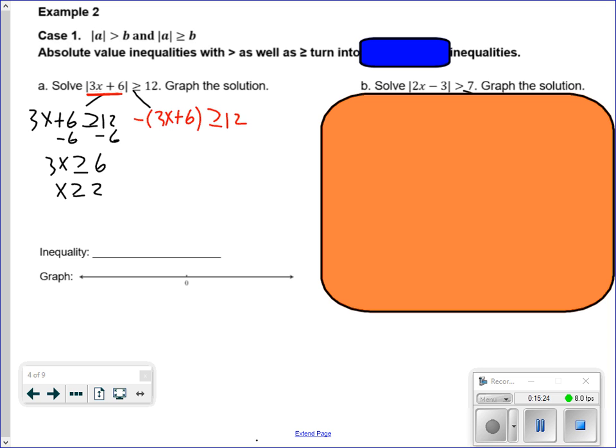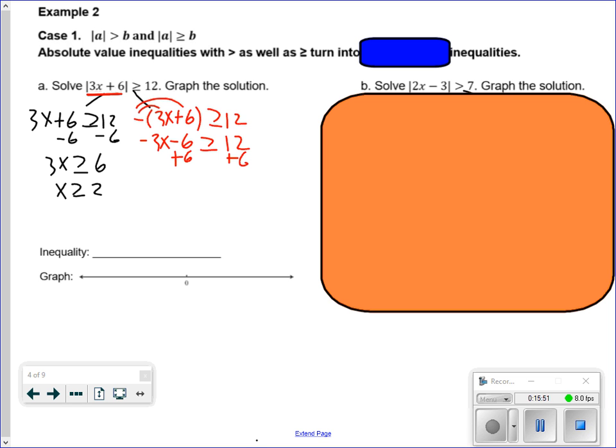Now for the negative side, the red side, I'm going to distribute out that negative 1 first. Negative 3x minus 6 is greater than or equal to 12. I do not change the sign of the inequality yet because I didn't do it on both sides. I just distributed a negative on one side. That's okay. It's when you multiply on both sides with a negative that you have to flip the sign. Like in this step right here, I'm adding 6 on both sides actually.